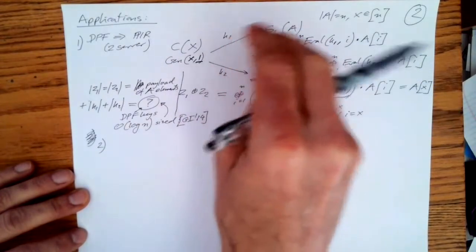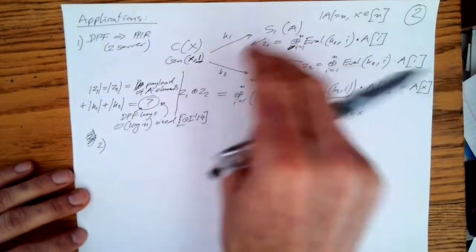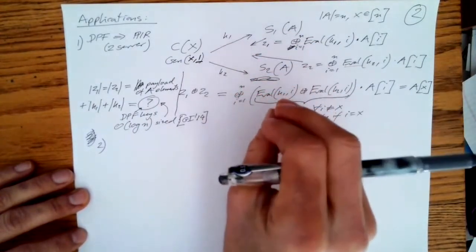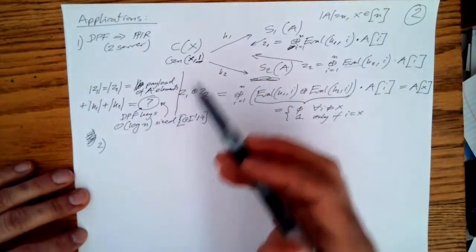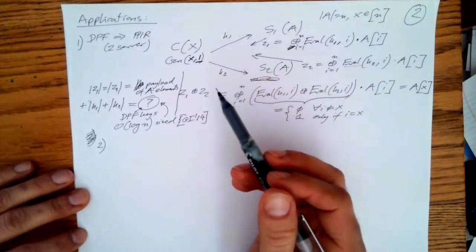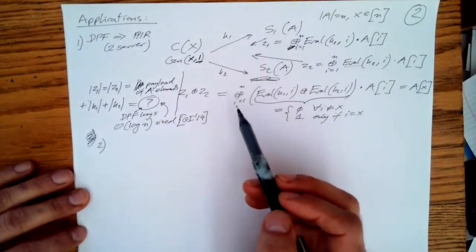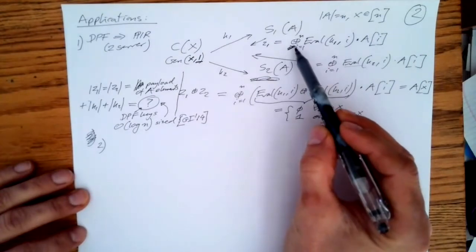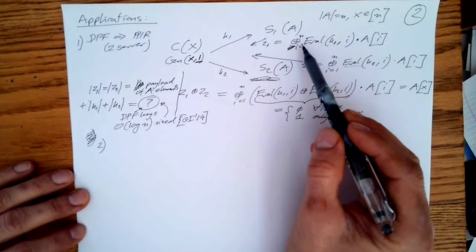But the cost on the server grows, because for every entry you have to do a computation that is related to that encryption. The more complex the encryption, the more complex the operations. Here, it is as inexpensive as the information theoretical PIR.